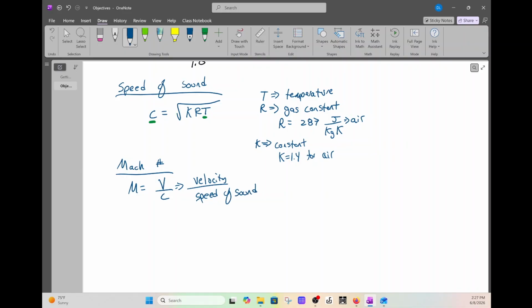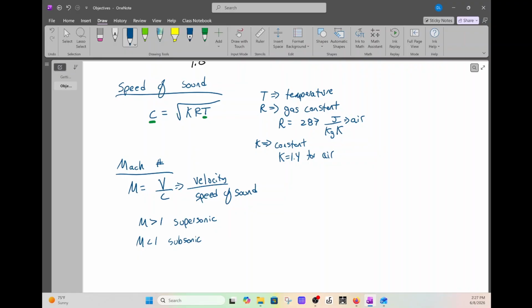So if your Mach number is greater than 1, right, you're supersonic. You're going faster than the speed of sound. Think about that when we're talking, right? I'm talking. That wave is propagating and hitting you at the speed of sound. If Mach number is less than 1, we're subsonic.